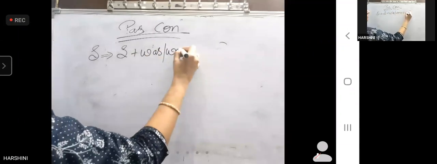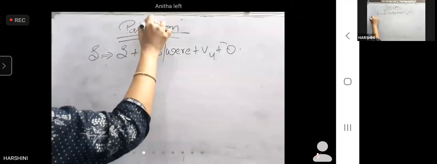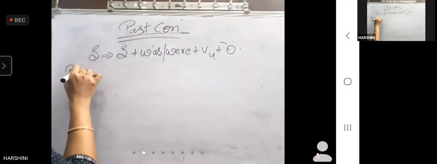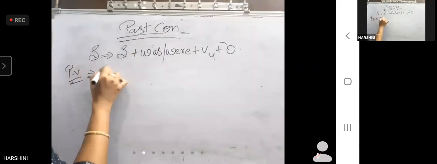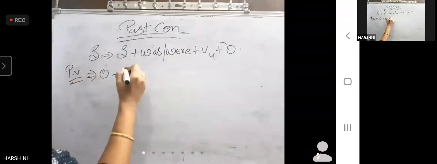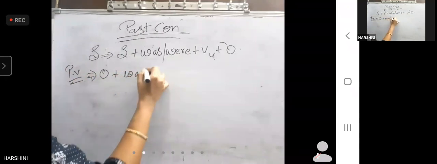Now, I asked you a doubt after all the classes completed, to all, whether you have understood or not. Now, subject plus was or were plus V4 plus object. That is active voice, past continuous. Then passive voice, object plus was or were.